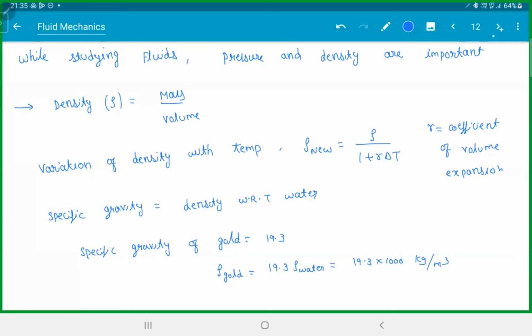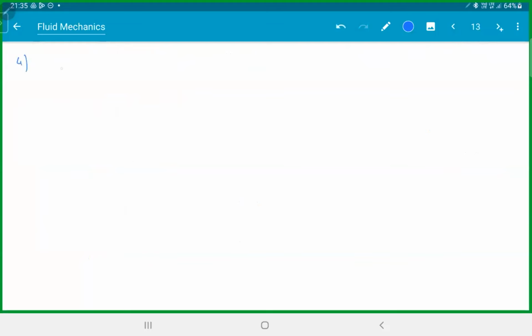Easy? Now let's say a simple question. If two liquids of density ρ1 and ρ2 are mixed, case 1, you are mixing same volume of liquid.